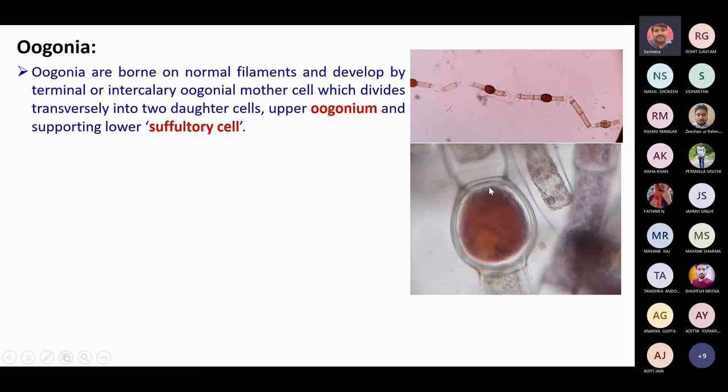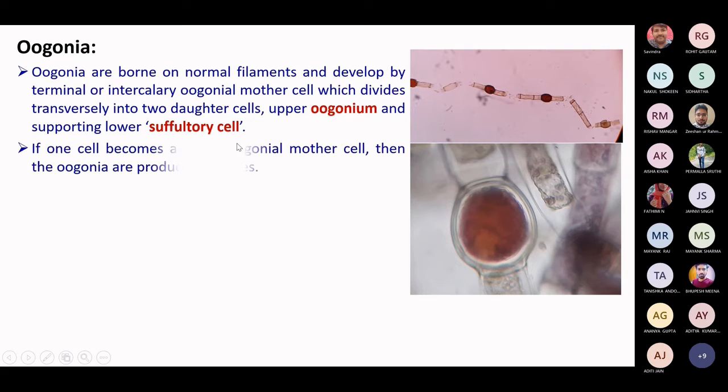One cell will divide, and the upper portion will develop into the oogonium, and the basal cell will develop into a supplementary cell. If one cell becomes another oogonial mother cell, then the oogonia are produced in series. Like here you can see, it was a single filament, it broke down, but they were formed in a series.